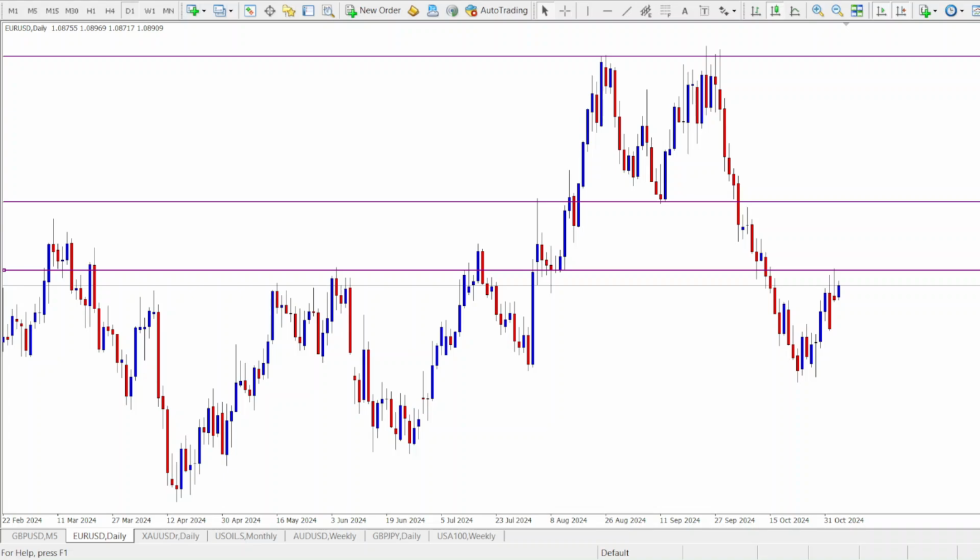Next is risk management. It is very important, and we must talk about it. Risk management is essential in forex trading.